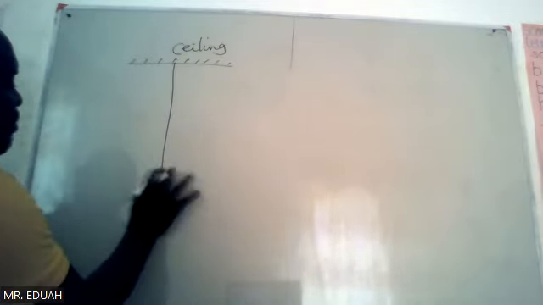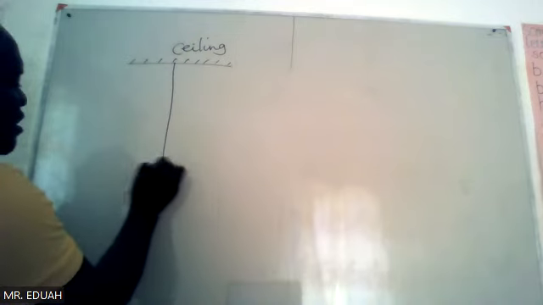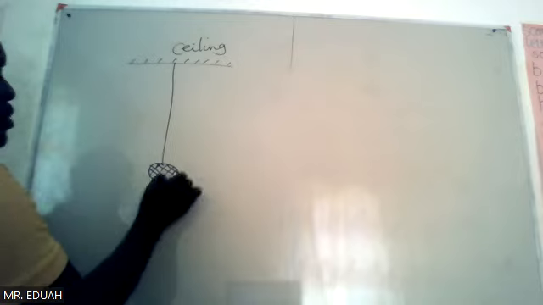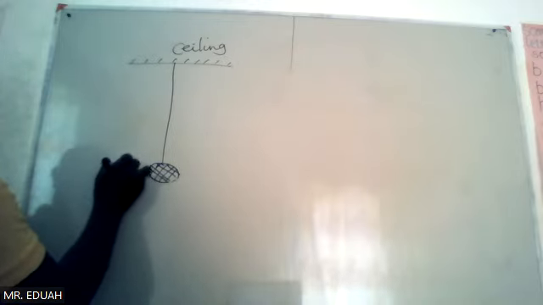And a particle of 4 kilograms is attached to the other end of the string. So the other end of the string has a particle of mass 4 kilograms. The particle is pulled sideways by a horizontal force of 20 Newton.